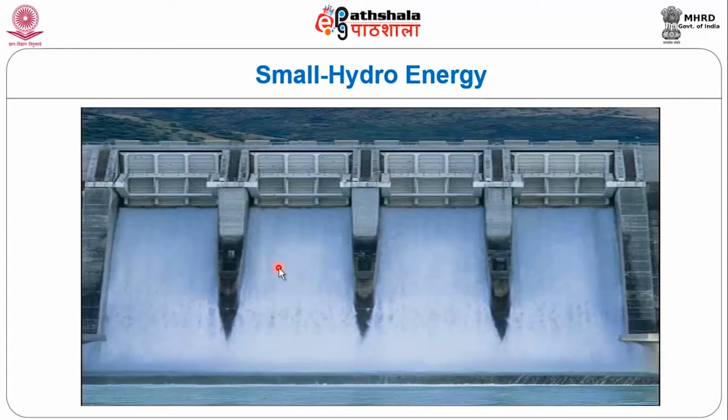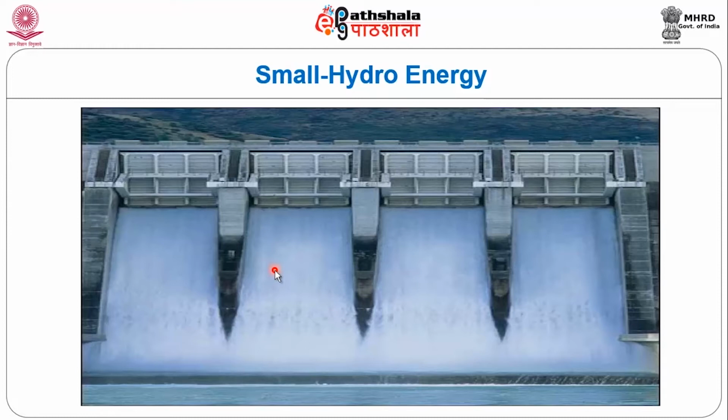It generates electricity whenever the dam is full, and apart from it, this concept is recently introduced, small hydro, and this kind of hydro energy can be generated across the streams in the Himalayan region, or wherever there are small streams. Across that we can have a small reservoir and we can generate electricity out of it.